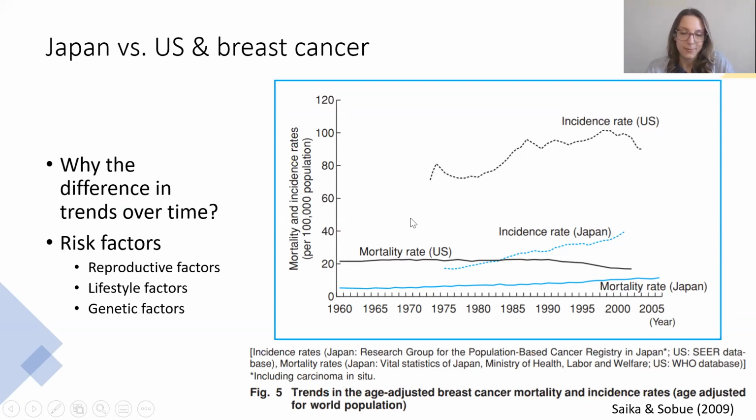But in terms of the growth here in Japan, what do you think might be happening in Japan that might lead to a difference in the incidence rate? Why would it be increasing in Japan versus decreasing in the States? Any ideas? So we know that economic factors might not be at play.